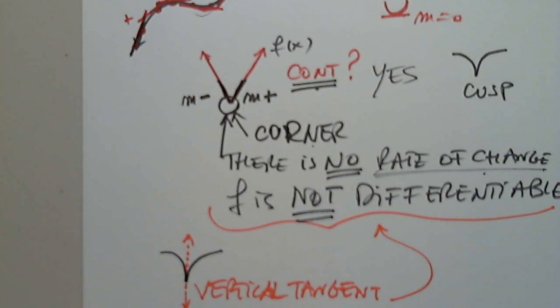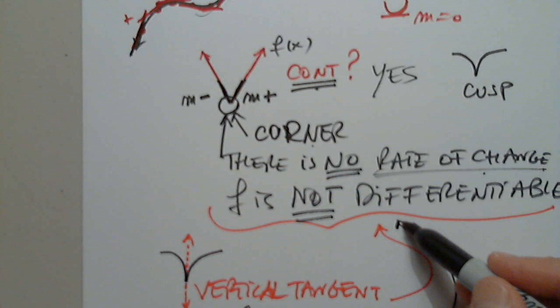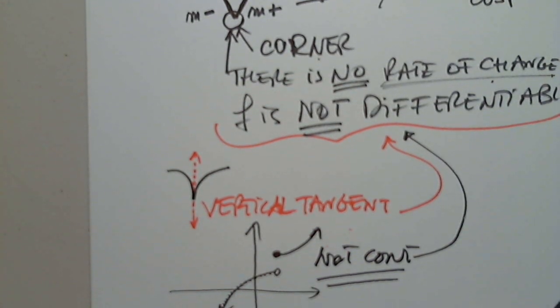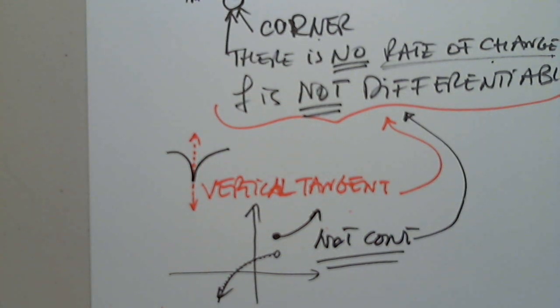So here's another example. When the function has a jump, it's of course not continuous. If it's not continuous, it has the same result: not differentiable, no discussion at this point. It's differentiable at every other point, but not where there is a jump, where it's not continuous.